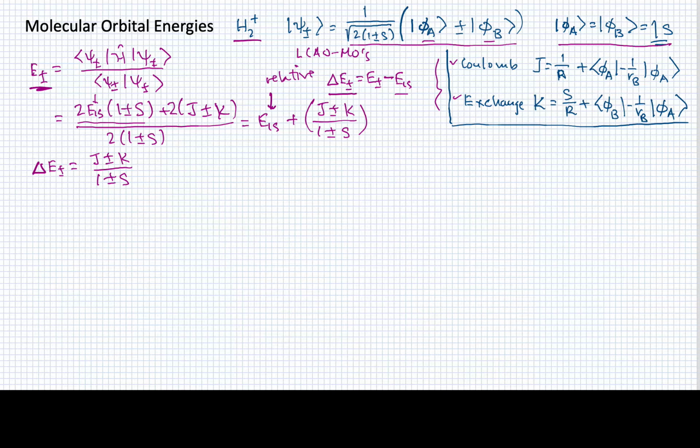All right, so how do we interpret all of this? How do we make sense out of it? Well, there's a couple of things we can do. One, these Coulomb and exchange integrals for the 1s orbital can be explicitly evaluated.